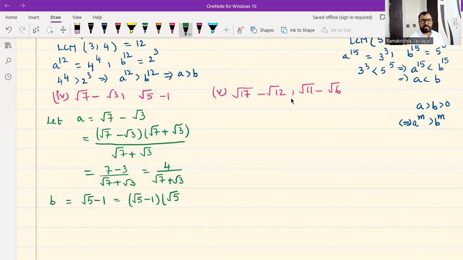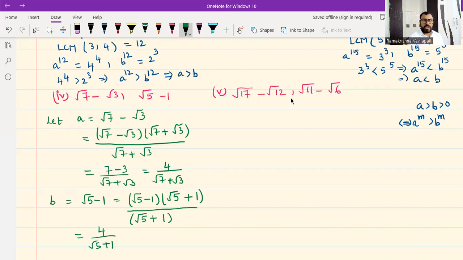So what is the conjugate? Root 5 plus root 2, whole by root 5 plus root 2. Well, this is a plus b into a minus b, so we can write this as 5 minus 2, 3 by root 5 plus root 2.